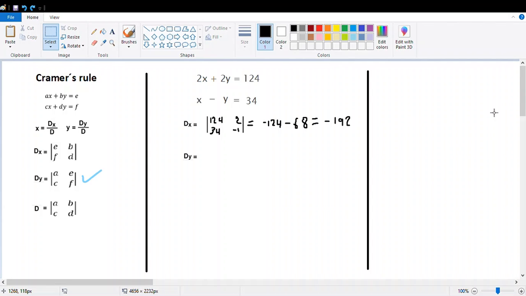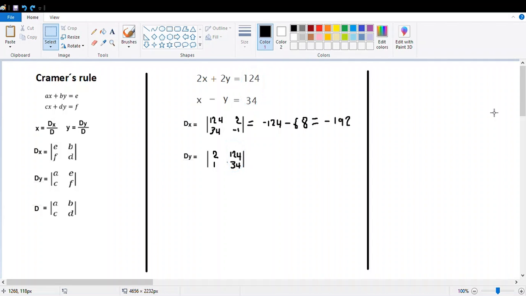Now we have to find dy. Remember, you have to keep the x column and change the y column for the answers column. Then the matrix is going to be 1 and 2, that is the x coefficients for the x column, and the second column is going to be the answers, 124 and 34.